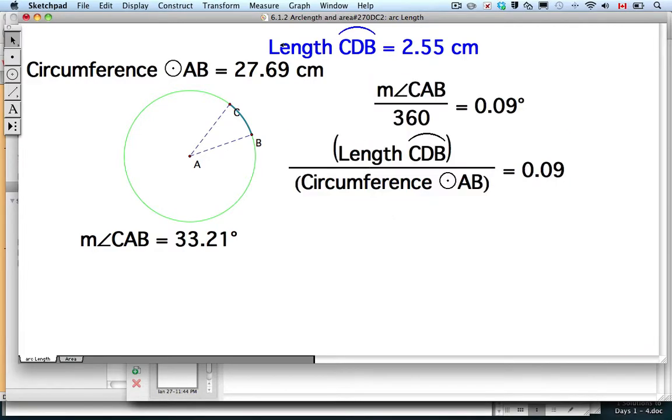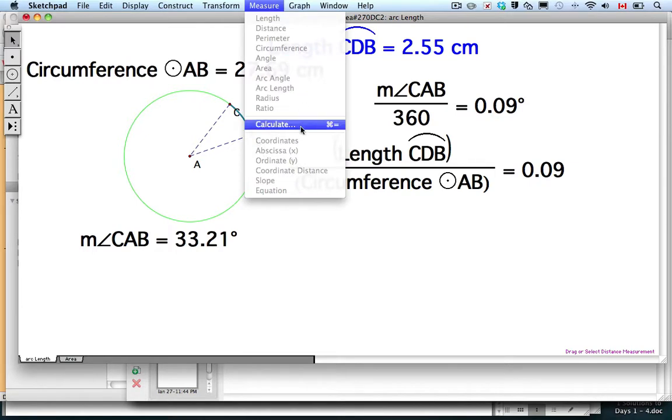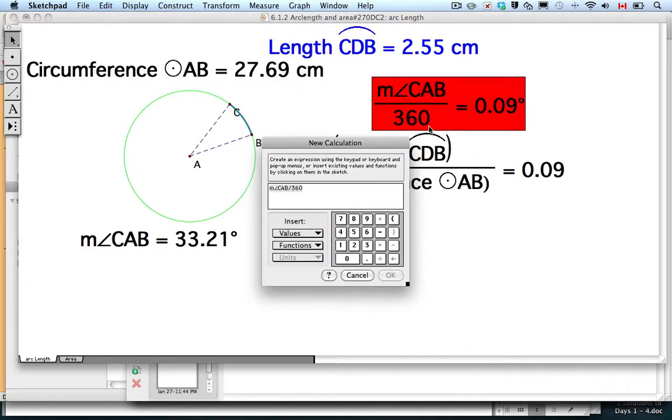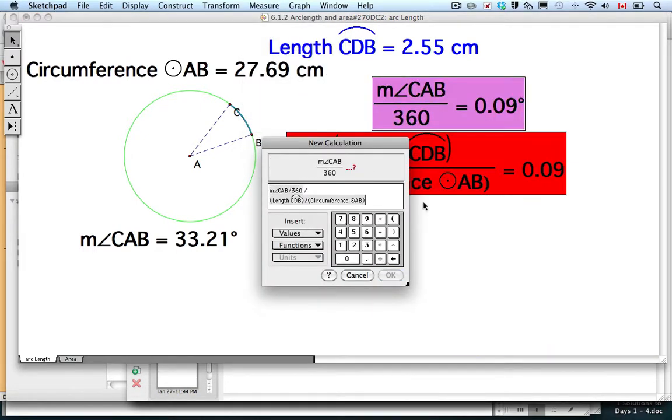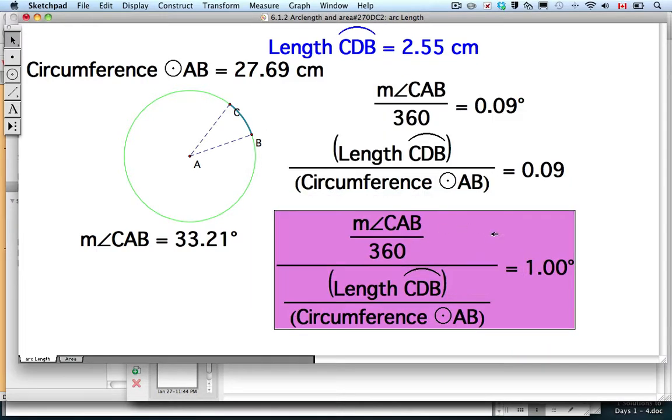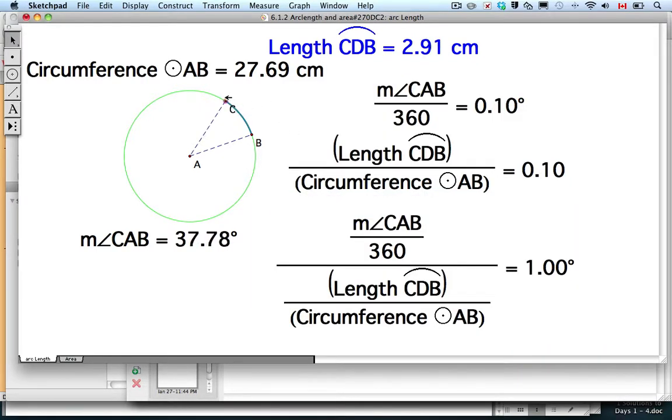We can check: if two things are the same and they're divided by each other, it equals 1. So, part to whole, just making proportions.